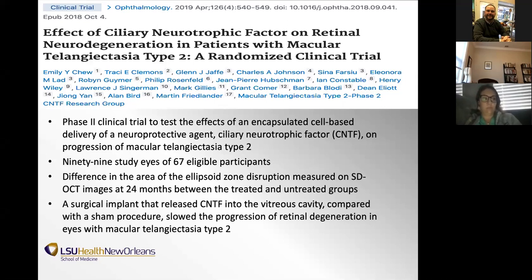After 24 months, they measured the ellipsoid zone disruption and found a decrease in the ellipsoid zone disruption on OCT in patients treated with the implant that released CNTF, which also tells you that this is basically a neurodegenerative condition rather than a vascular condition, at least in the non-proliferative stage.